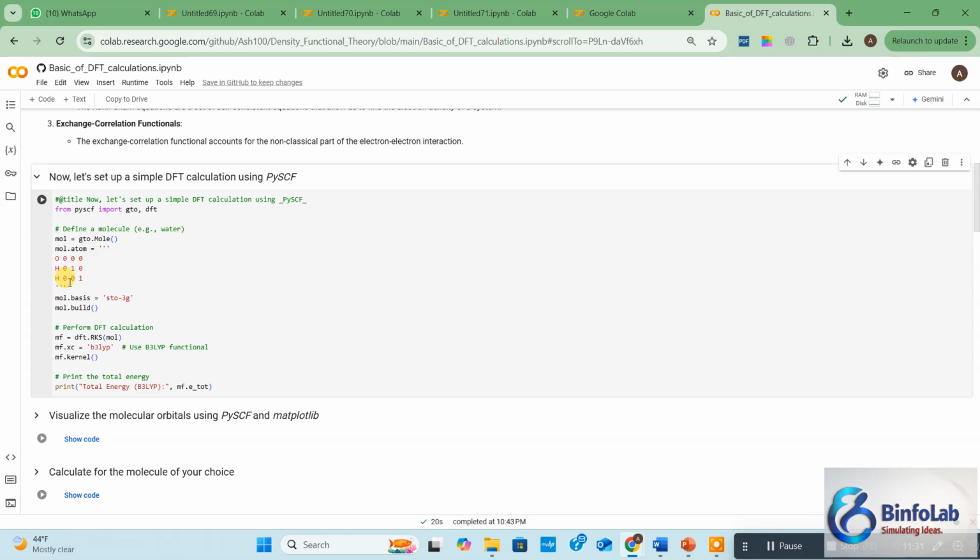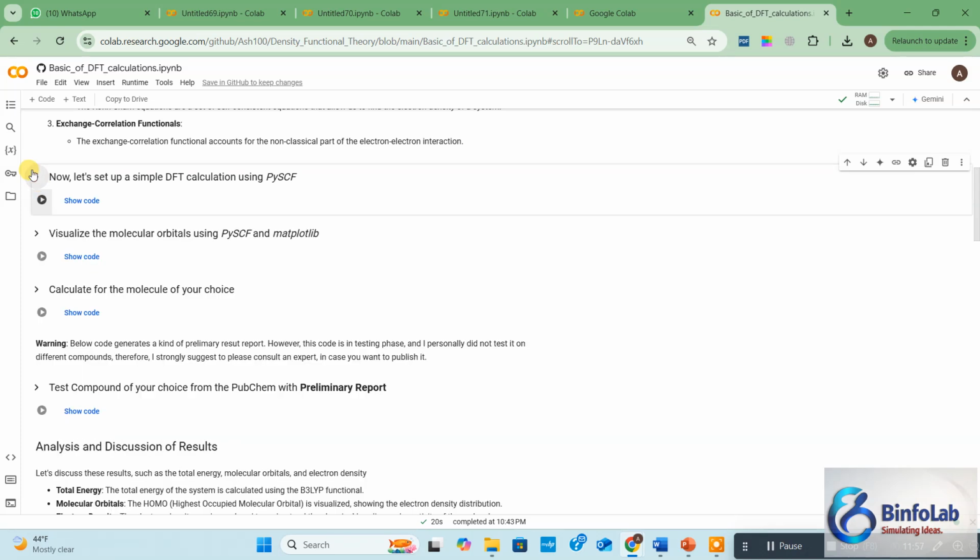So we are calculating DFT on H2O, water. We place the H2O molecule, and then we use a basis set, STO-3G, and we will learn about these models later on. Then we perform the DFT calculation and print the total energy.